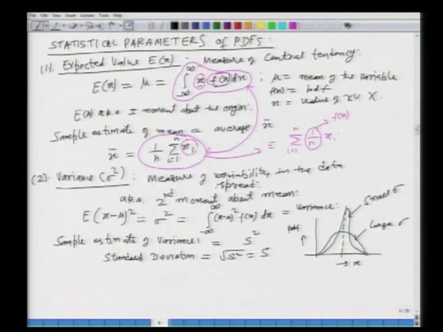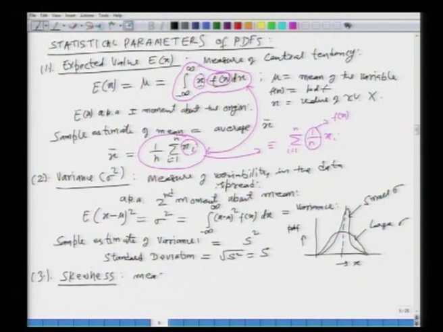Okay. So, we will move on and look at a third statistical parameter which is called skewness. As the name suggests, it is what?